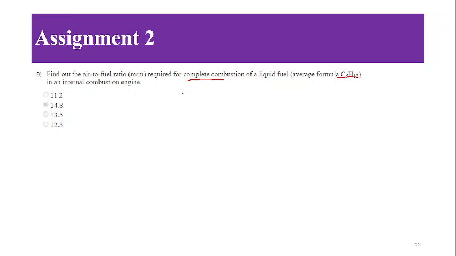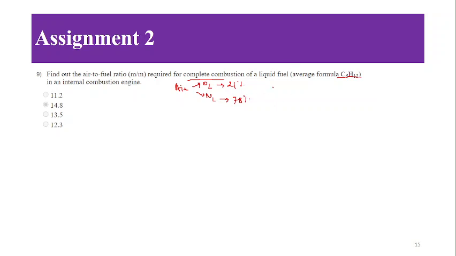So for combustion of the fuel, we require air, and air has O2 and N2. O2 is 21% and N2 is 78%.